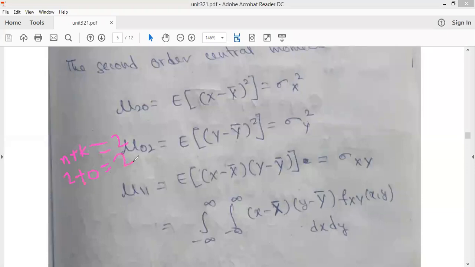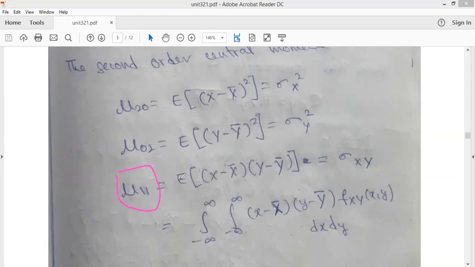We have three cases: n equal to 2 and k equal to 0, or n equal to 0 and k equal to 2, or n equal to 1 and k equal to 1. In all these cases we get r equal to 2. So we are taking the third case also, that is mu 1 1. Here also the order is 2.